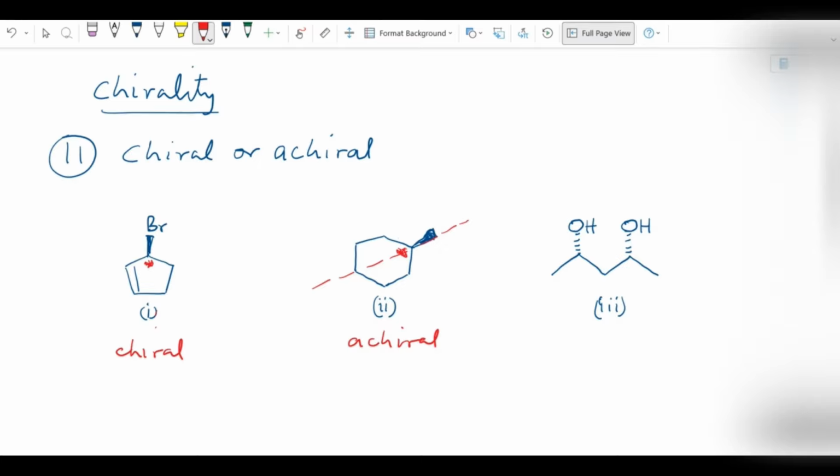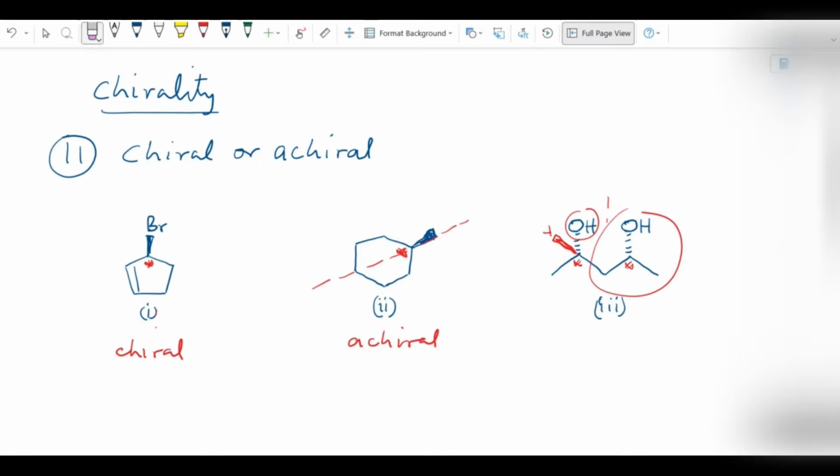For this compound, this carbon and this carbon are chiral carbons because they have 4 different groups attached. There is a hydrogen here that will be on a wedge bond. So that means this is 1, 2, 3, and 4. So there are 4 different groups on that carbon.